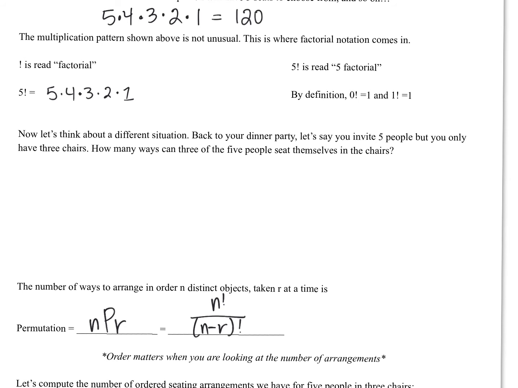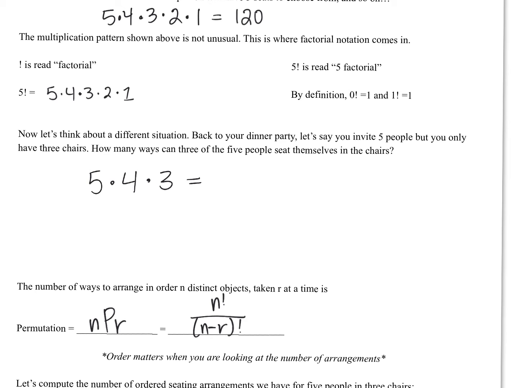So, back to our dinner party. We've invited 5 people, but we only have 3 chairs. How many ways can 3 of the 5 people seat themselves in the chairs? So when we think of this, the first chair has 5 choices. The second person has 4 choices, and then our last, third person has 3 choices.